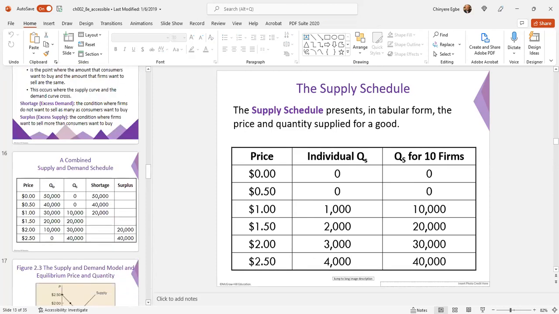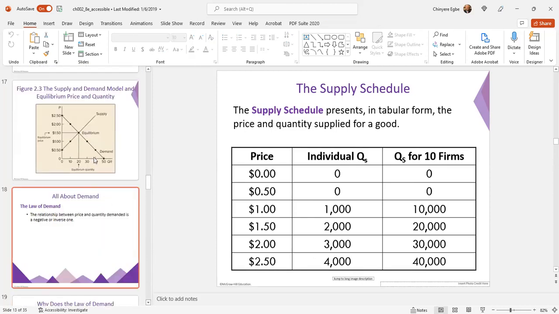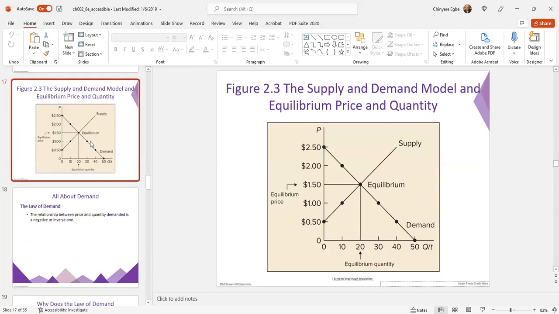Okay. So when you look at this, what is the equilibrium price? 1.50. And what is the equilibrium quantity? 20. Okay. So now, if the price was $2, would there be a surplus or would there be a shortage?